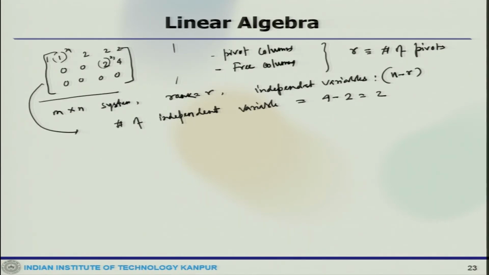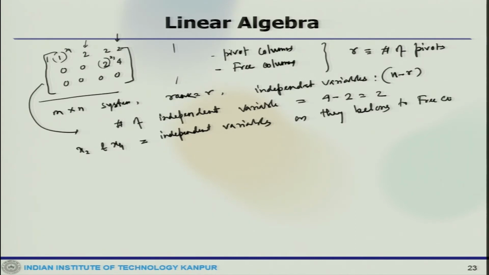Now, here if you see, the free columns are the second column and the fourth column. So, the variables x2 and x4 are taken as independent variables, as they belong to the free columns.